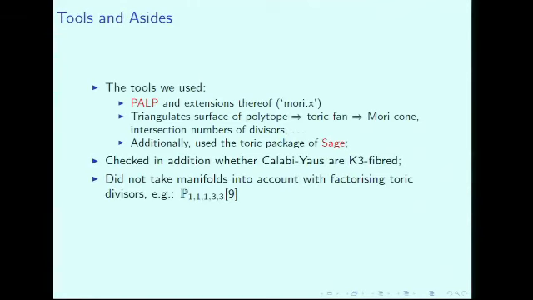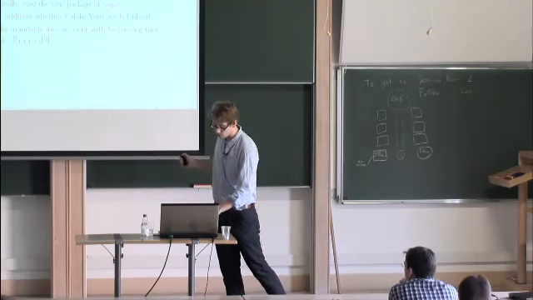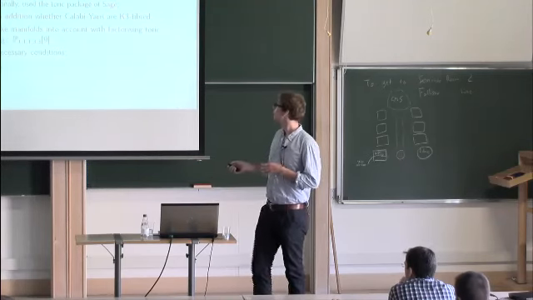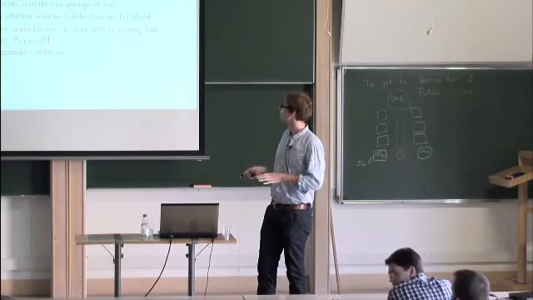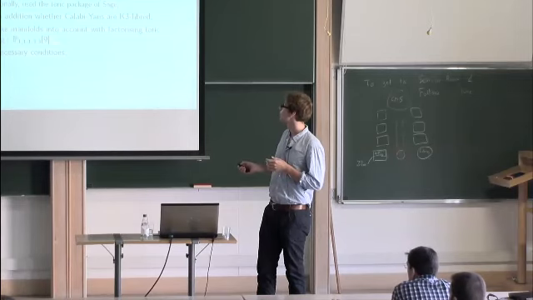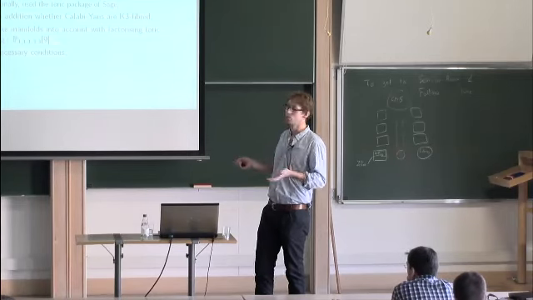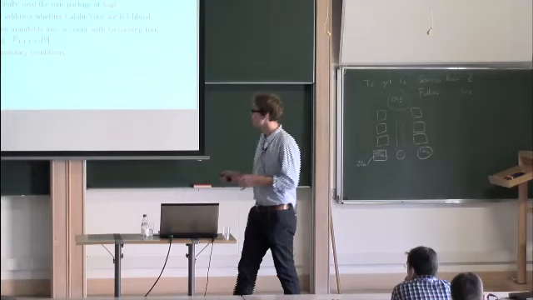And we only considered favorable Calabi-Yaus that have favorable divisors, so divisors that do not factorize on the Calabi-Yaus. An interesting example that would fit into our class of Calabi-Yaus is this one, but in this case the divisor coming from the blow-up factorizes on the Calabi-Yaus in 3 pieces, and so this, so to say, is not accounted for in our search, although it would fit our selection criteria.